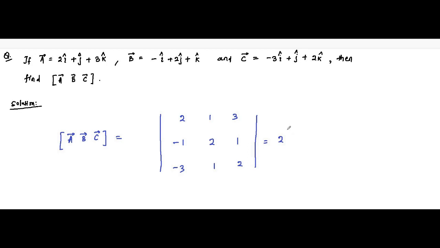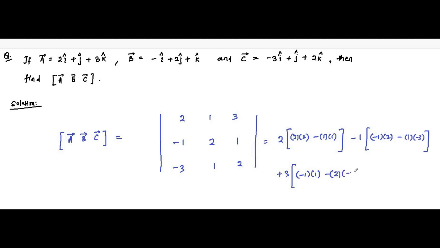So 2 into (2 into 2 minus 1 into 1), then minus 1, I'm going this way, okay, 2 1 3, that minus 1 into (minus 1 into 2 minus 1 into minus 3), then plus 3 into (minus 1 into 1 minus 2 into minus 3).